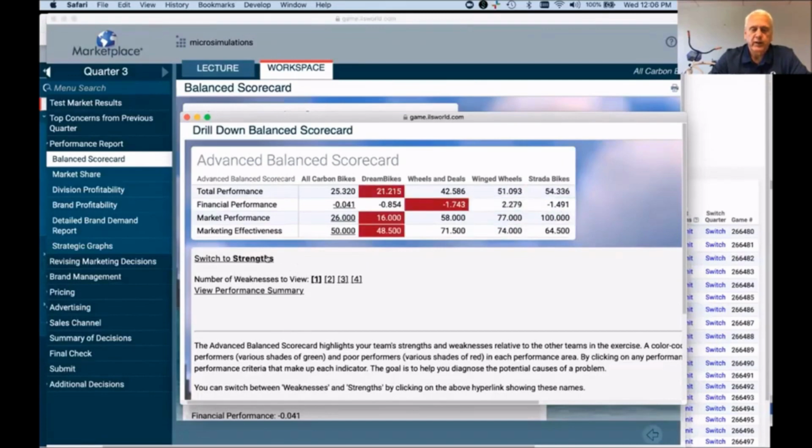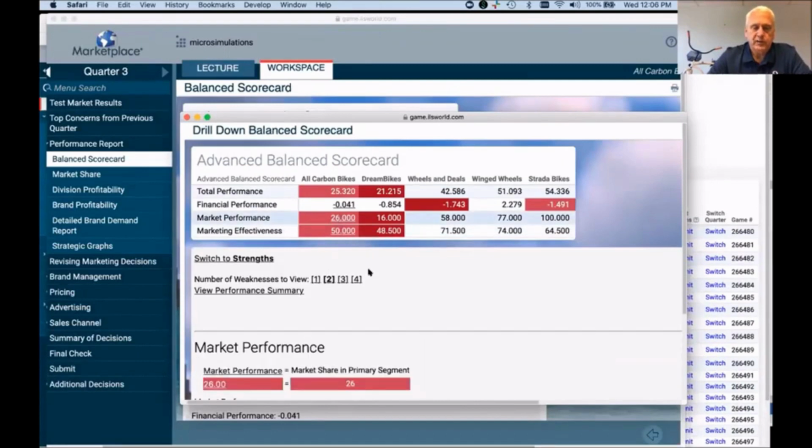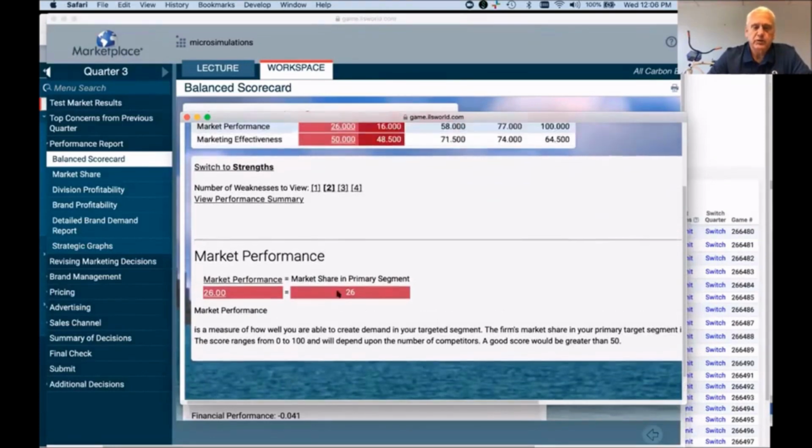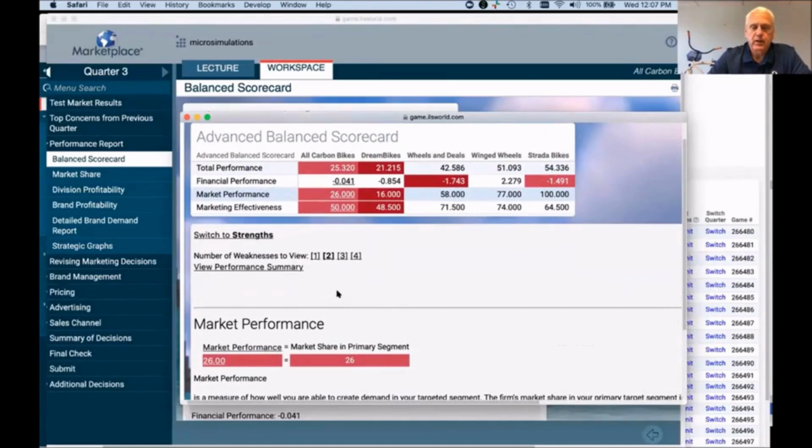If I switch to weaknesses, I'm not the worst, okay? Dream Bikes is, but I'm second worst in a lot of areas. So I have some problems there. And you can click like on market performance, I can do that. My market share, my primary segment is 26%, which is the lowest among everybody.